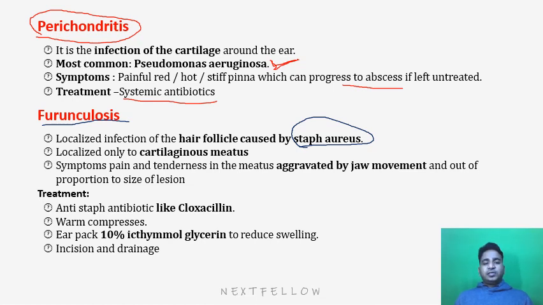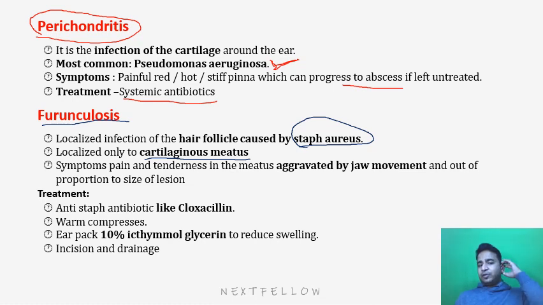Generally, this infection is localized to the cartilaginous part of the external auditory canal. The outer part is cartilaginous and the inner part towards the middle ear is the bony part.